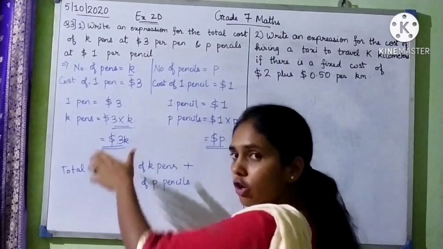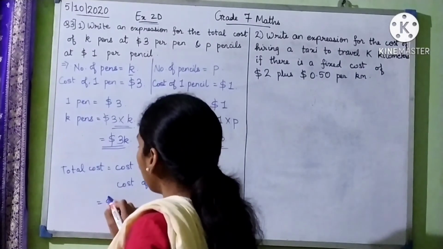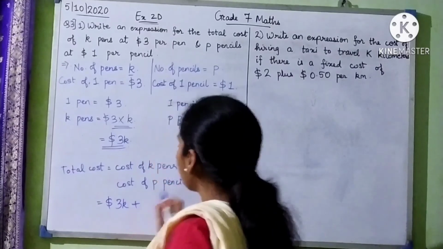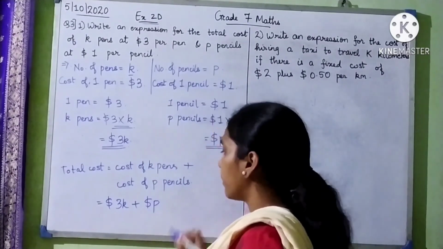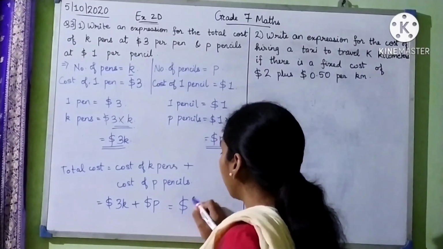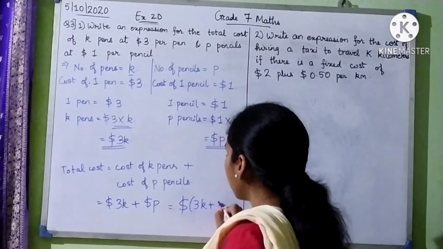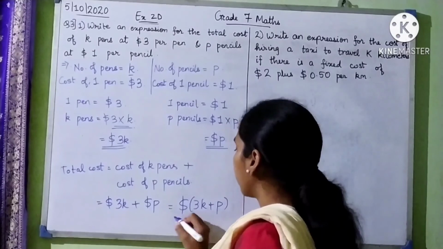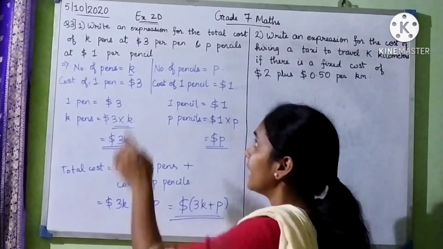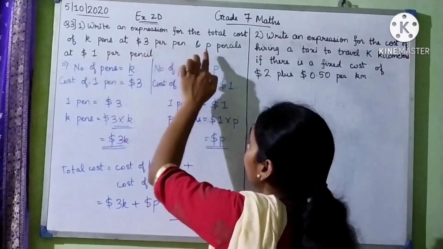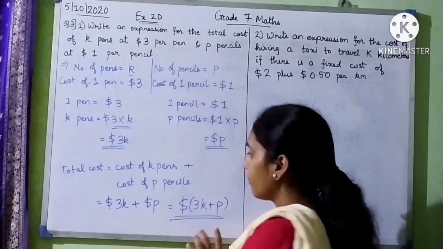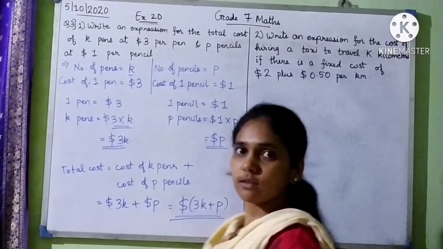We have found out it is $3K. So that is $3K plus the cost of P pencils, which is $P. So the total cost is $3K plus P. This is the total cost for K pens and P pencils. So this is our final answer.